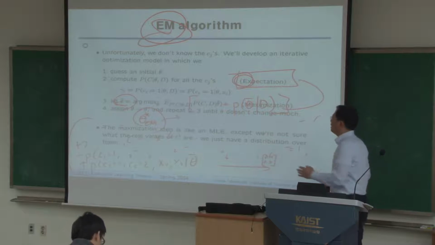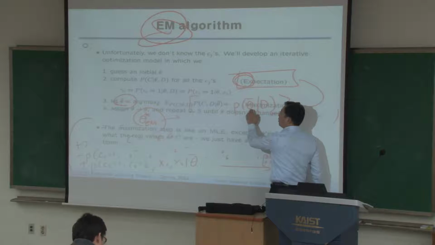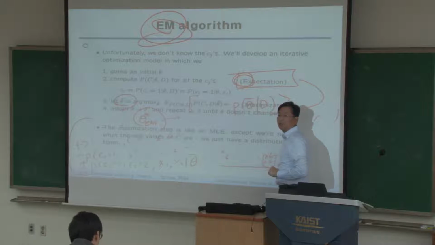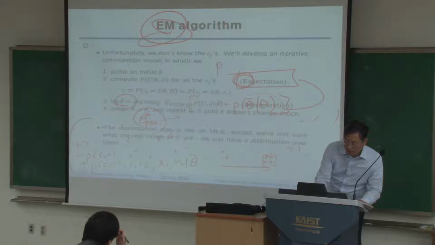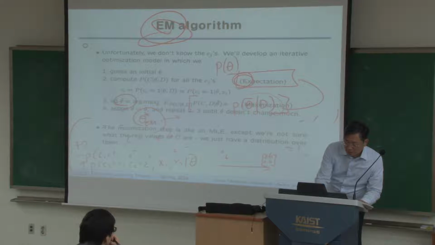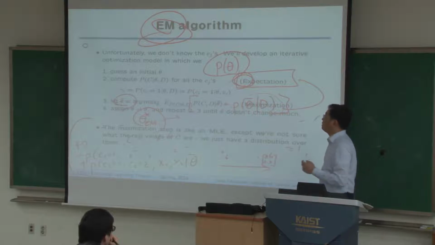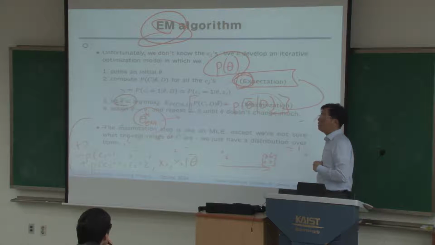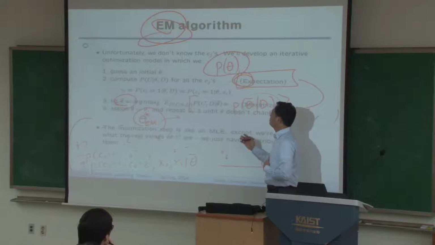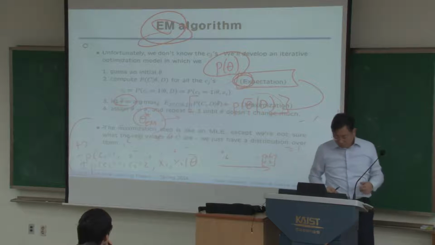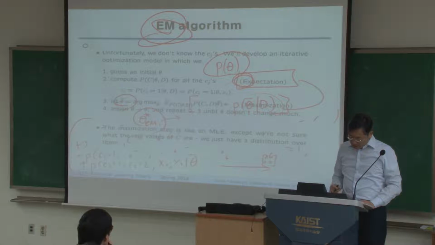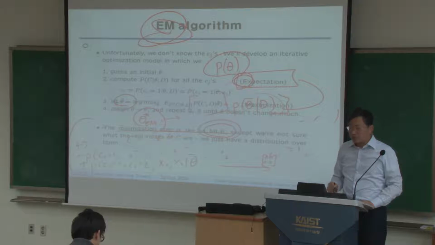I could have done this as well. Theta bar here. And that way, I would have to define this p theta probability. And this will be a maximum a posteriori solution. Okay, but if I just do this, I'll be arriving at the maximum likelihood solution.